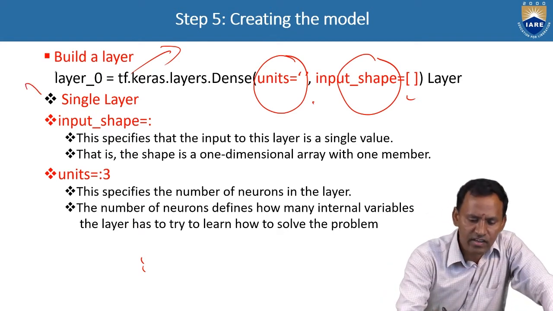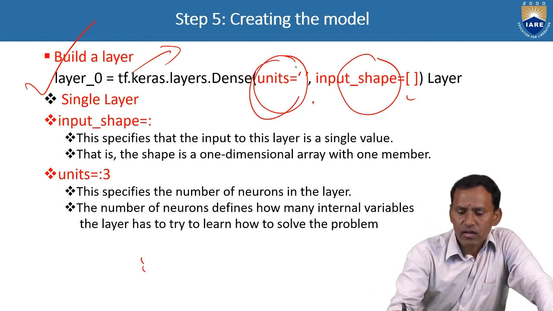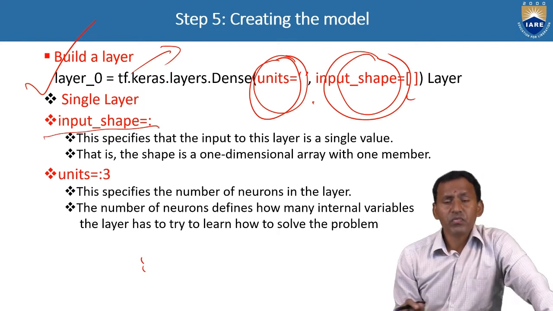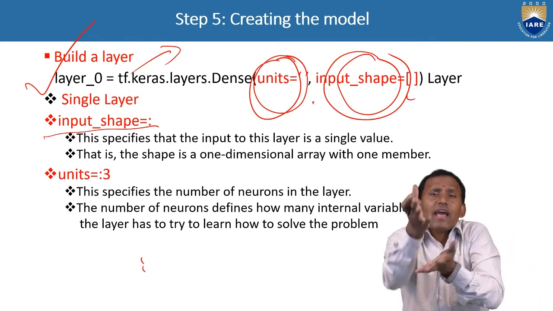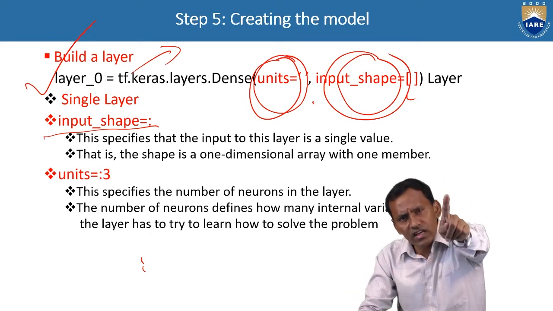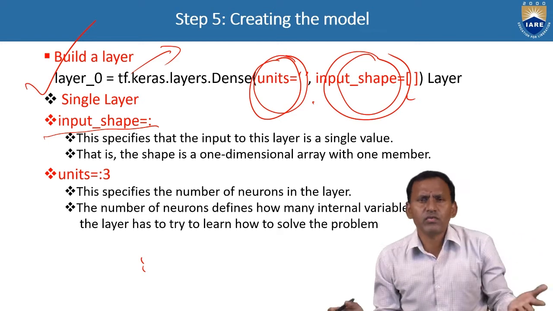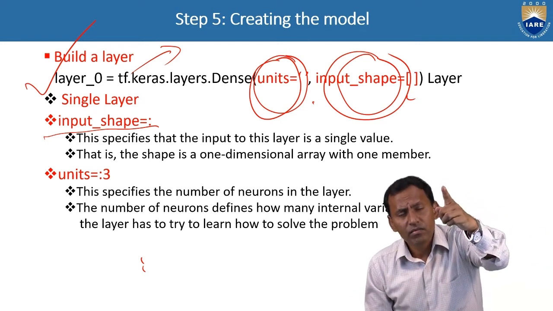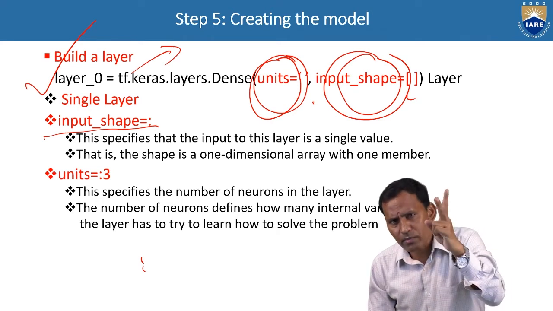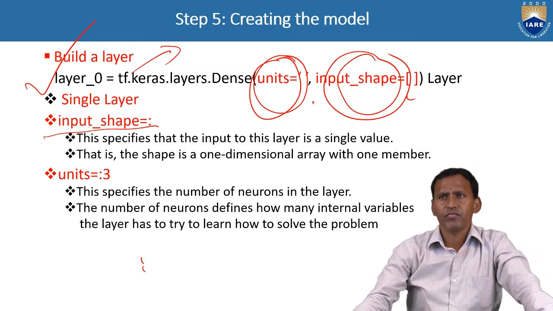The shape indicates the input given to the layer. Is it a single value? If so, it is a scalar. If it is multiple values, it is a vector, and whatever the dimension is, one, two, three or n dimensions, you have to specify it.